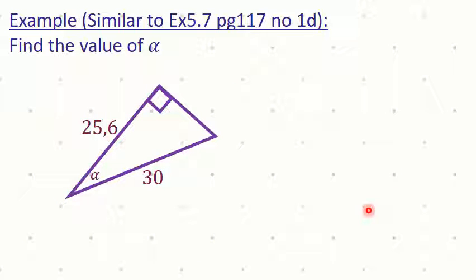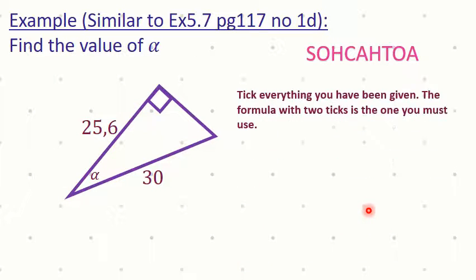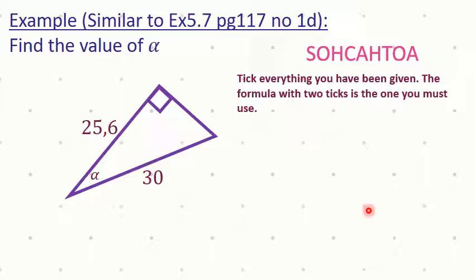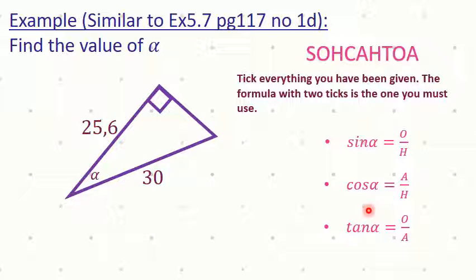Righty, grade 10s, let's try this example here. This triangle is like a right angle triangle that's been reflected or rotated, but SOHCAHTOA still applies. So let's have a look at the two pieces of information we've been given, and let's tick the appropriate letters in our three formulae.